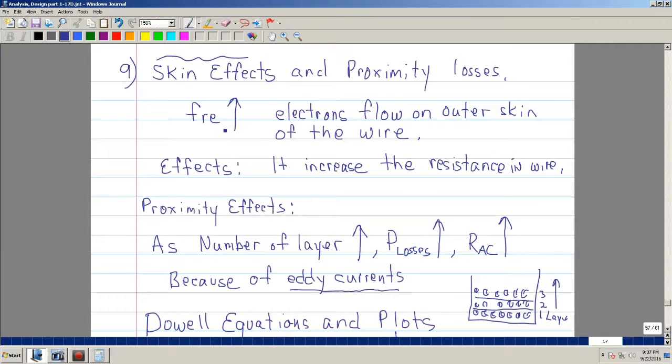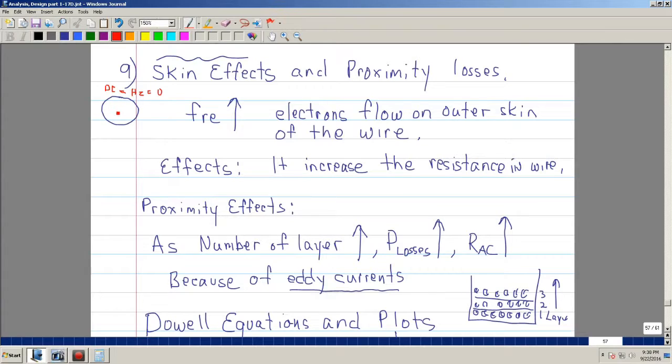Basically, as your frequency goes up, the electrons flow on the outer skin of the wire. If you have a conductor, and let's say this is the cross section, and you're operating at DC, DC means that the frequency is 0.